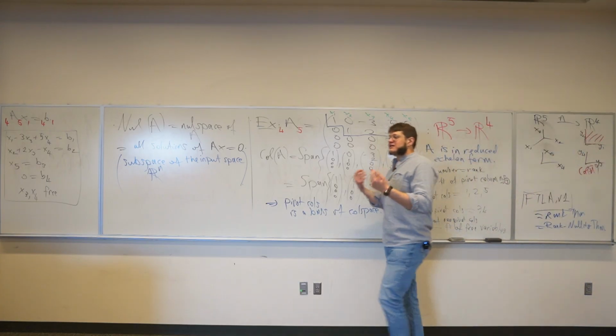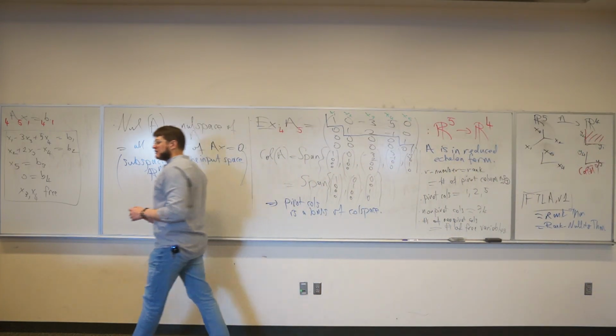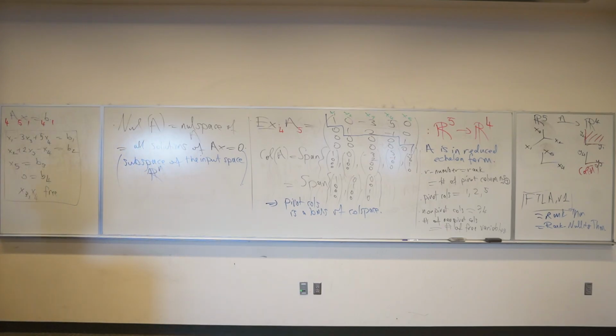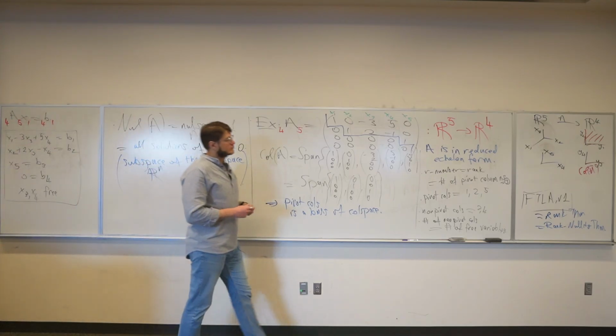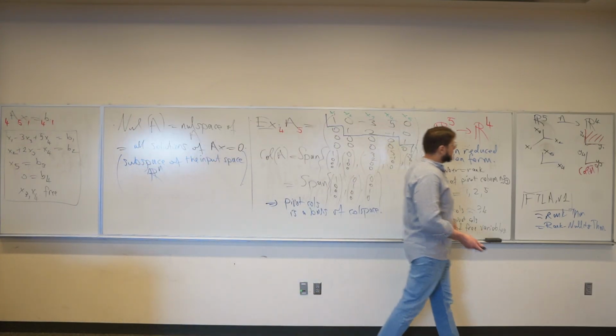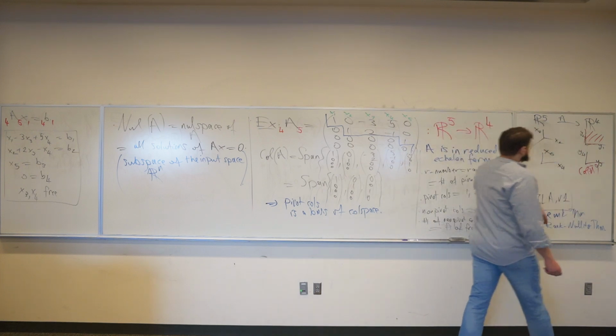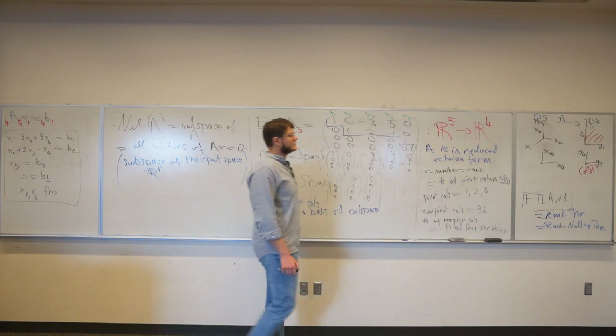Again, like I said, this is like a 4-dimensional thing, and how do you even visualize that? But that's why we're doing linear algebra. Sometimes it is helpful to think about the shape of the column space. Sometimes it's not.